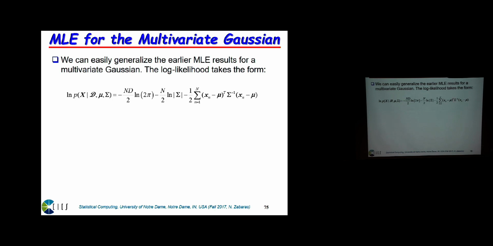And actually, there is a complication when you try to find the MLE estimate for sigma. Sigma is symmetric. What guarantees do we have that if we take derivatives with respect to sigma that the result will come to be symmetric? Why should the derivative with respect to sigma be symmetric?